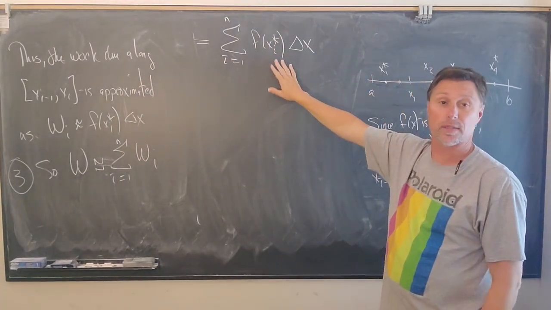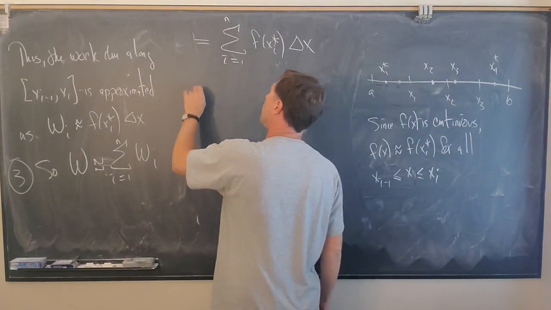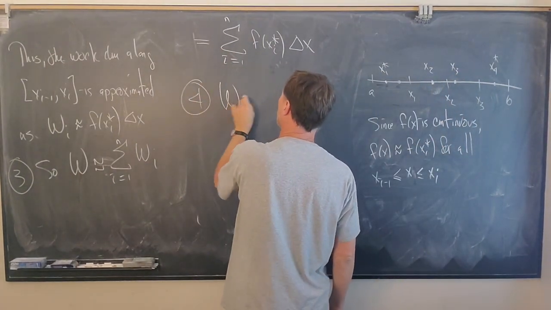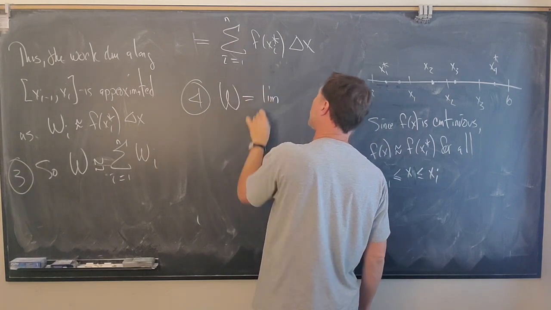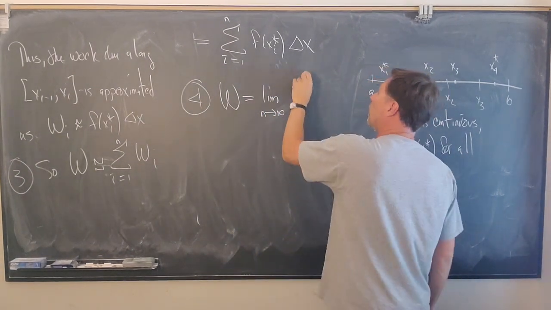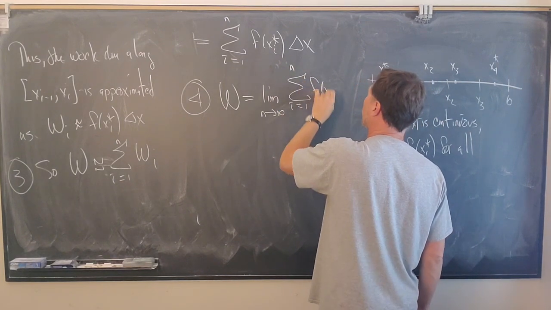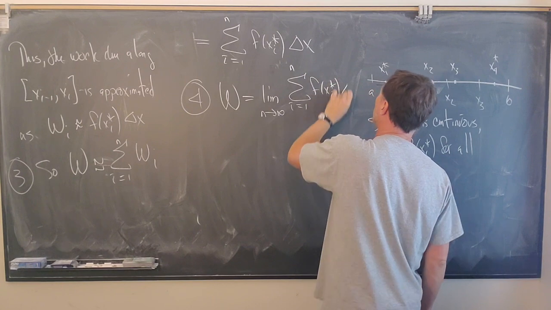Now we've got a Riemann sum. That's a continuous function right here. And so that means that the work is going to be the limit of the Riemann sum, the limit as n goes to infinity of the sum i equals 1 to n of f of x_i star delta x.